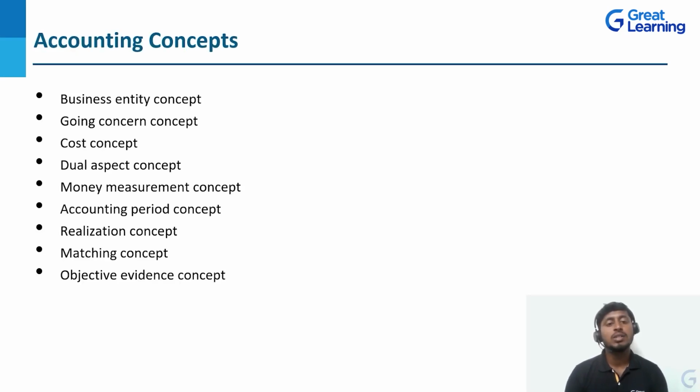And we have discussed accounting concepts. We have 9 accounting concepts: business entity concept, going concern concept, cost concept, dual aspect concept, money measurement concept, accounting period concept, realization concept, matching concept, and objective evidence concept. So these are the 9 accounting concepts.